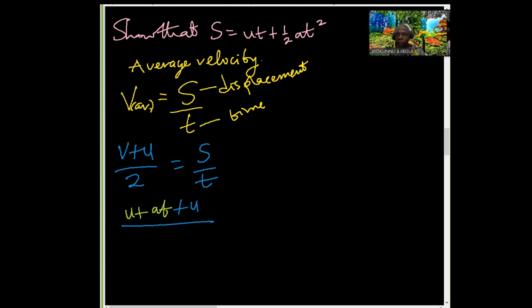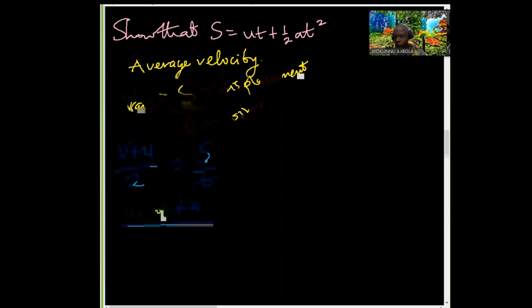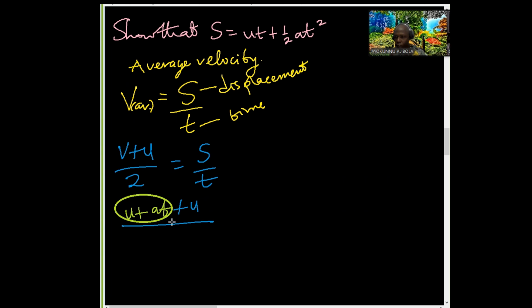You know this v is changing, okay? Can you hear me? Yes, sir. The v above is u plus at, okay? Is that clear? Yes, sir. Now you have over 2 equal to s over t. So at this spot, you can make s the subject.